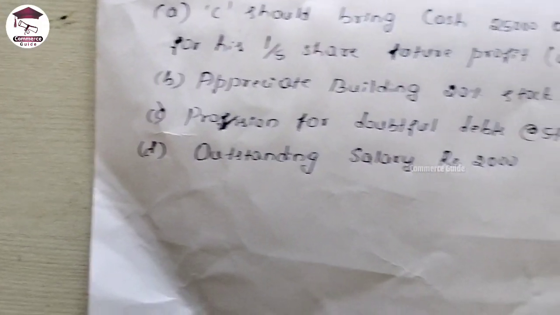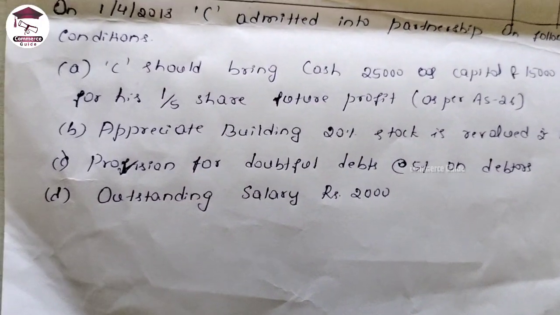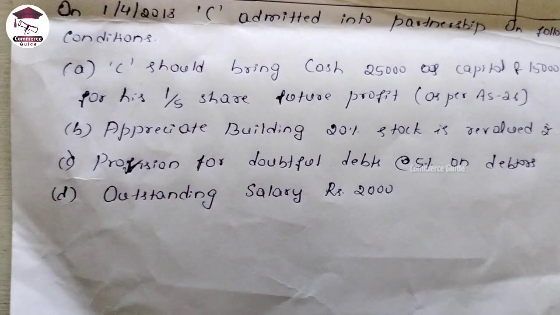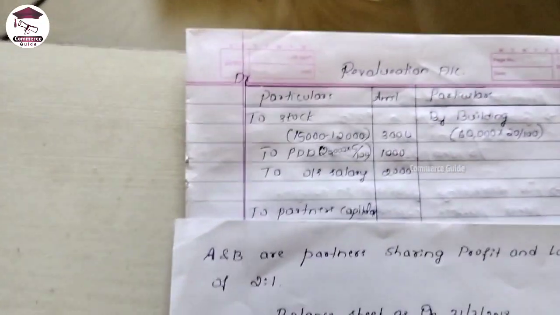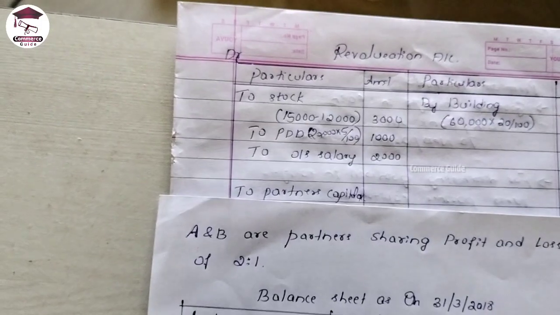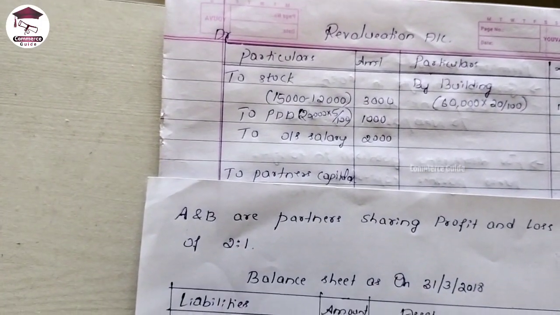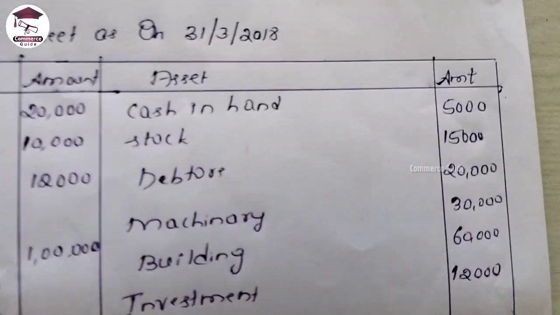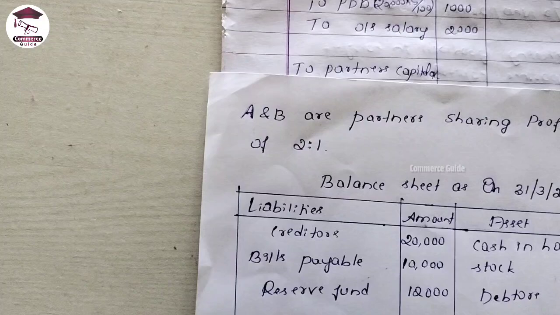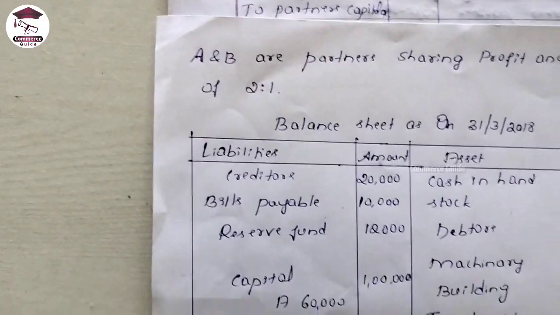Next adjustment, provision for doubtful debts at 5% on debtors. So, to PDD. The value of debtors is 20,000, and PDD is 5% on debtors.